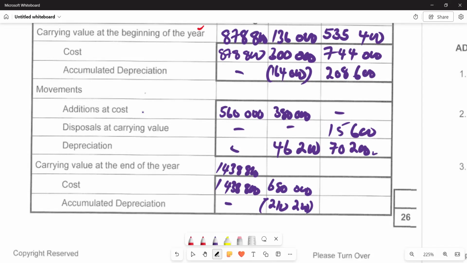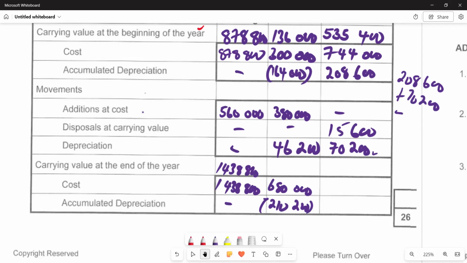So basically, accumulated depreciation at the beginning is 208,600, and then we add depreciation for the year, which is this one, 70,200. And then we subtract depreciation for the non-current asset that is going out.